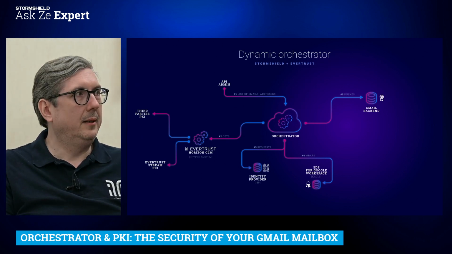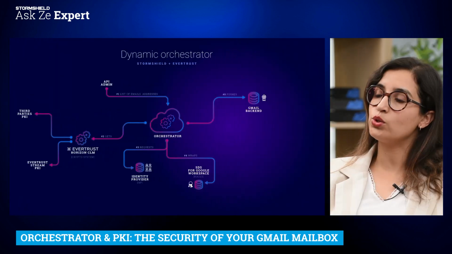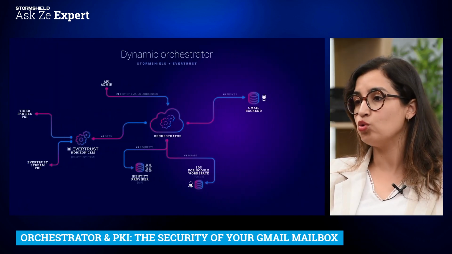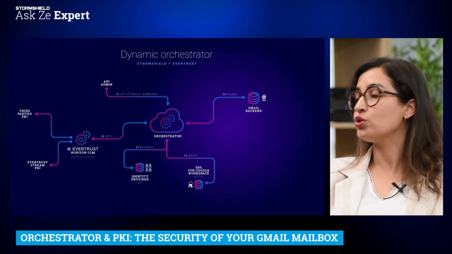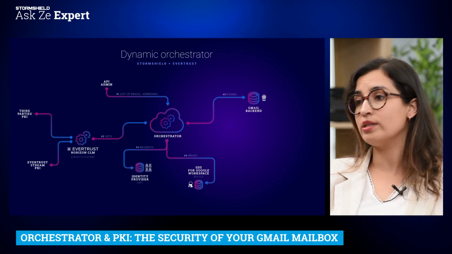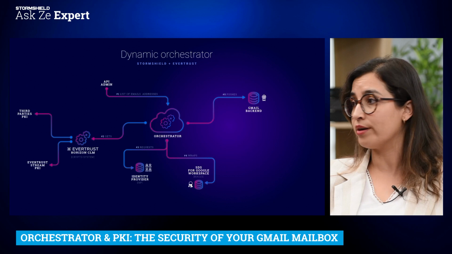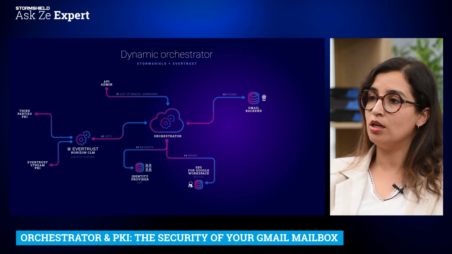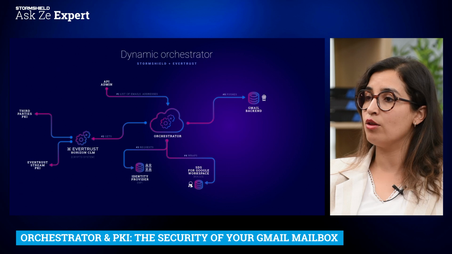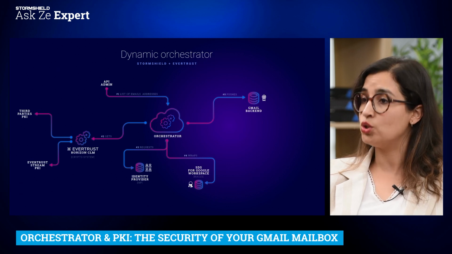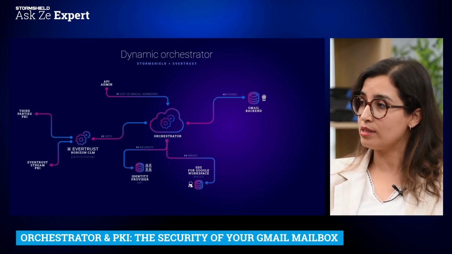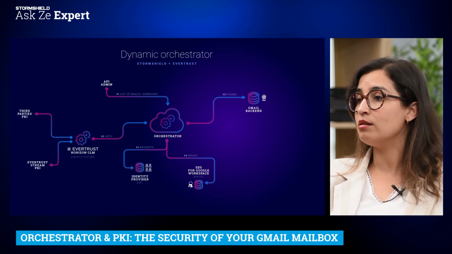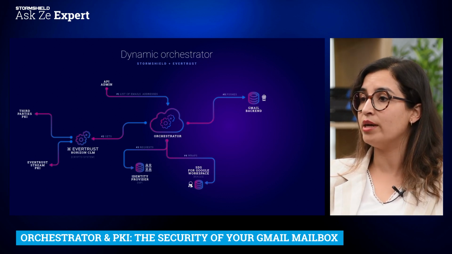And so the SDS orchestrator will also get connected to the identity provider. This is simply the solution used by the customer to authenticate users. So it can be, for example, Google Identity or another solution. Okay. And this connection aims to get the needed tokens to do some encryption operations. These encryption operations are done by what we can see at the bottom of the screen.